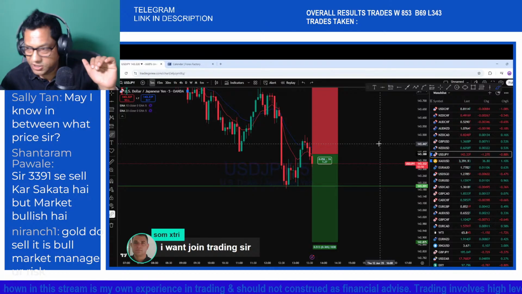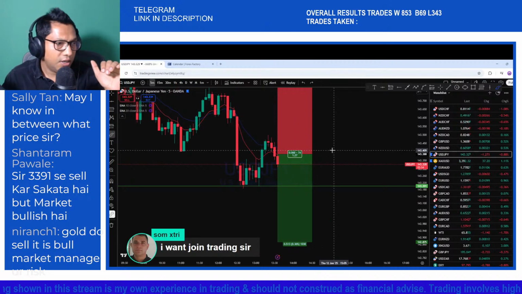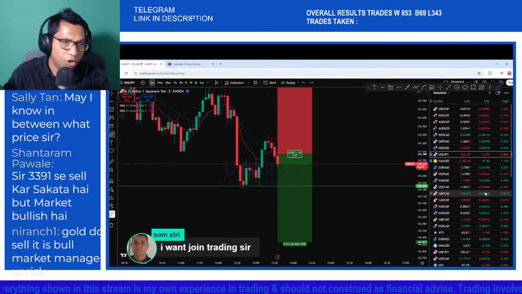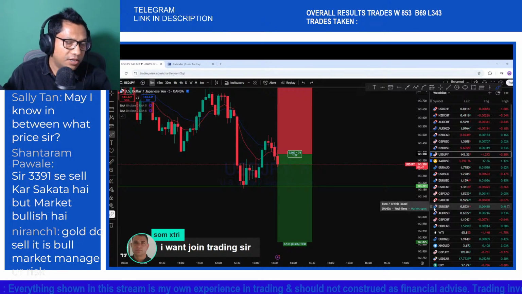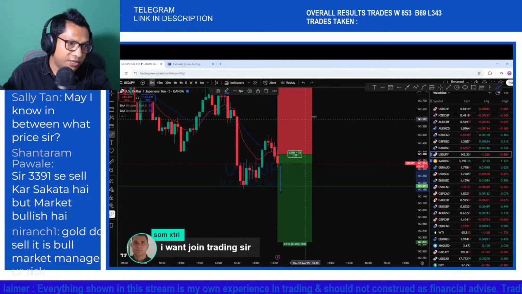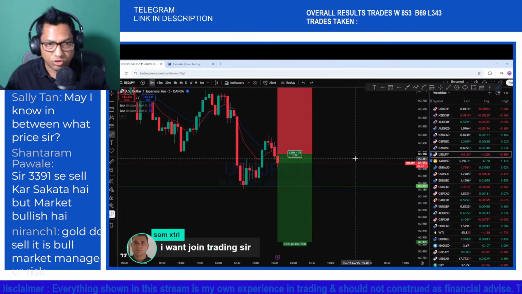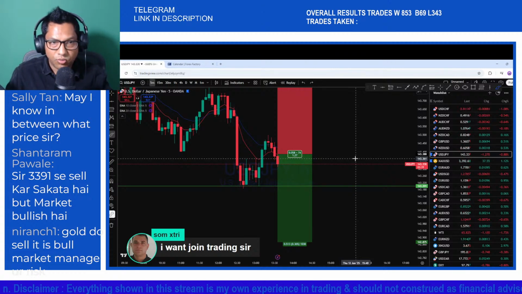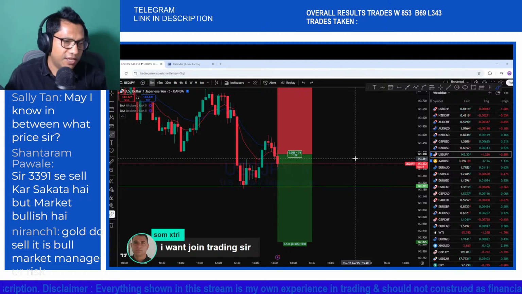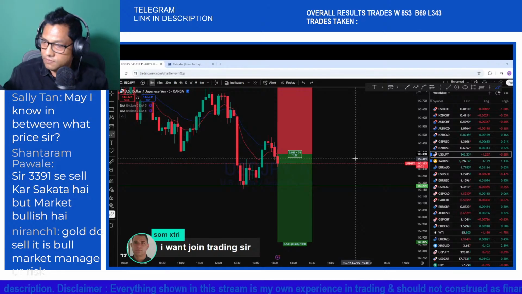So expecting for this possible, so my entry here at 143.388, which is currently around 5 pip running profit, expecting to drop further below here on dollar yen. As you mentioned earlier, whichever gives the best setup, we will always be taking that.